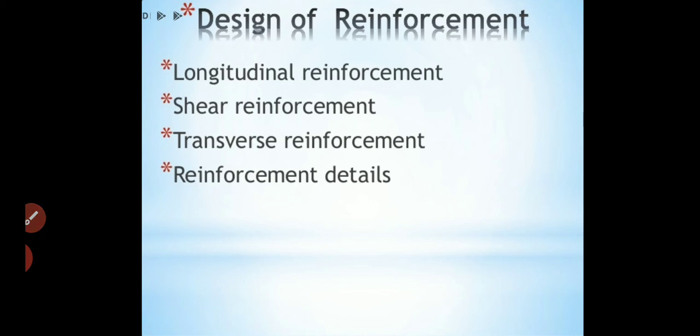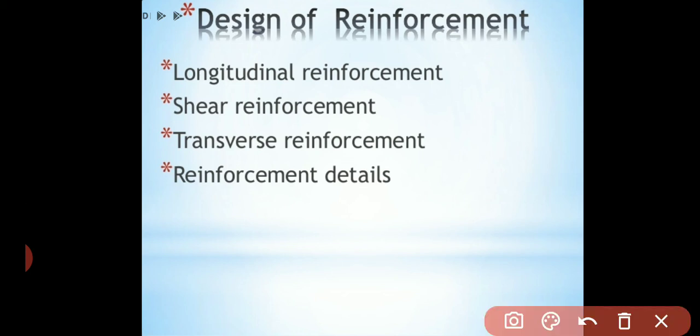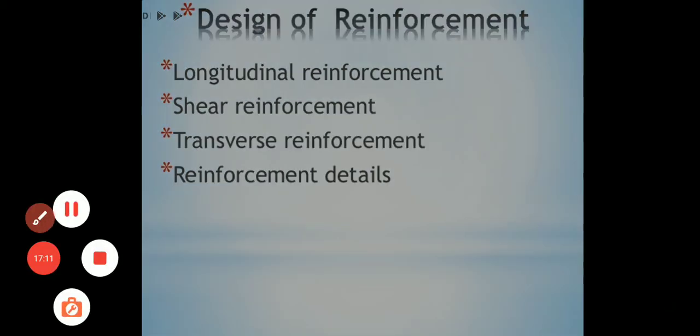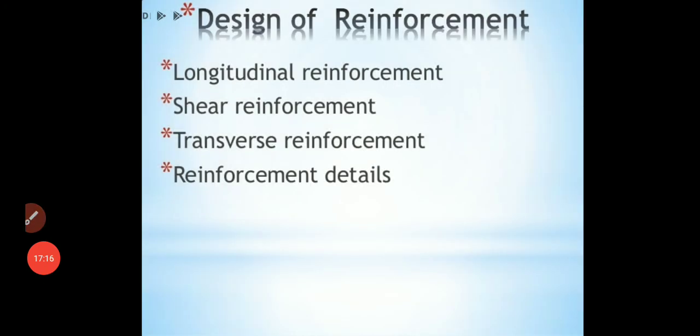After taking the checks, we have to find out the longitudinal reinforcement, shear reinforcement, transverse reinforcement, and the last thing which we have to do is reinforcement detailing. So this is how we'll solve the numericals related to the design of combined footing.